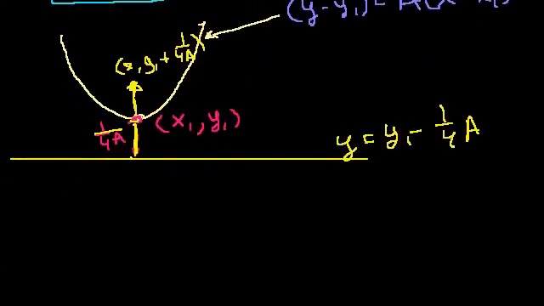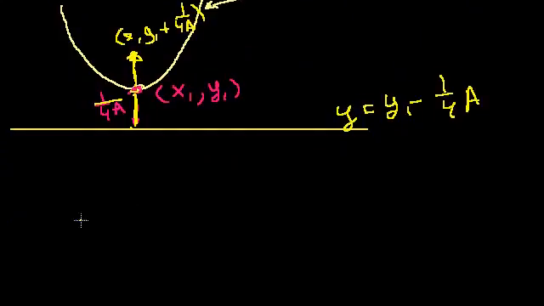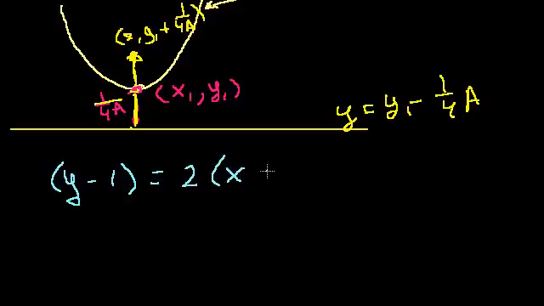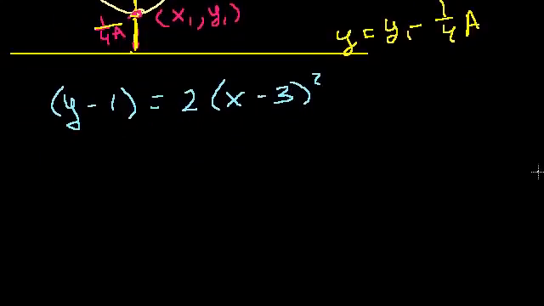So in general, just think about this a second. If I gave you an arbitrary equation now, let's say y minus 1 is equal to 2 times x minus 3 squared. We can graph this and draw the focus, or actually foci if there was more than one focus.